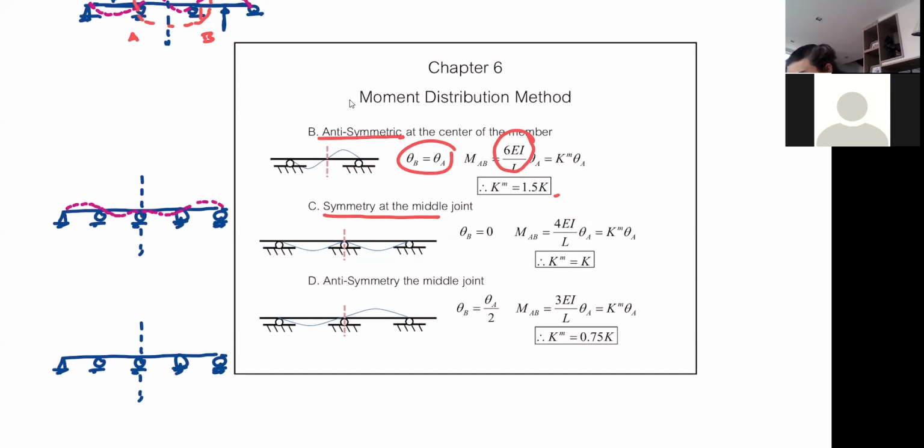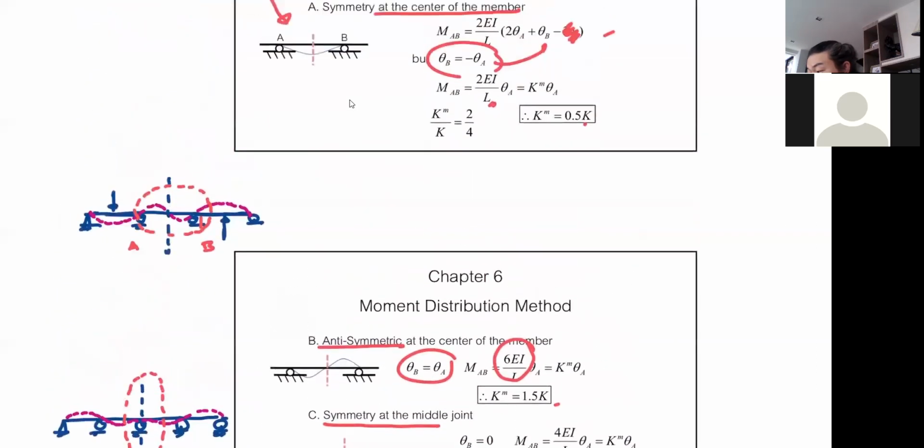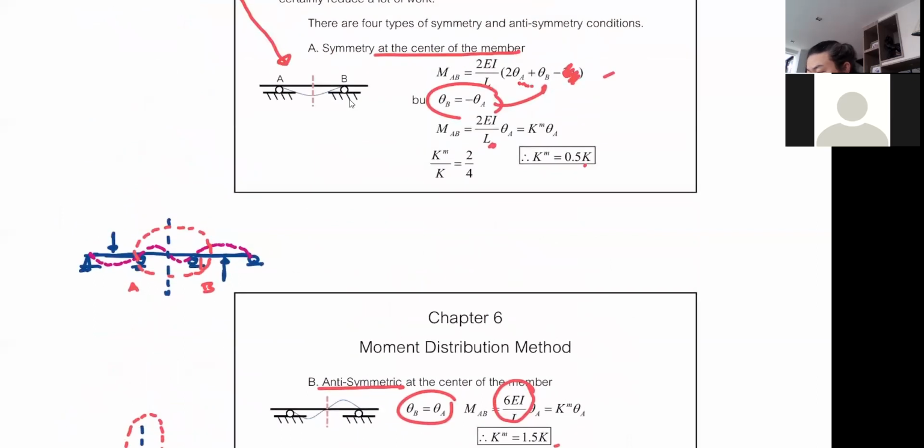So when you look at this area of our focus, because we call this AB, that is A and that is B, zeta B is 0, as you have experienced from slope deflection. So plug this into our slope deflection equation, zeta B equal to 0.